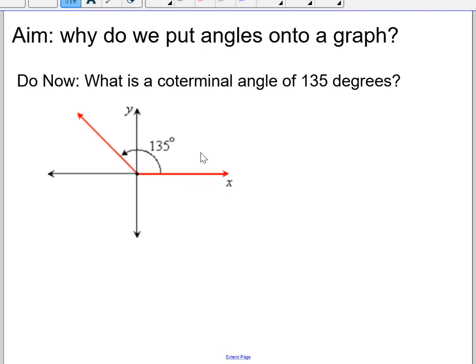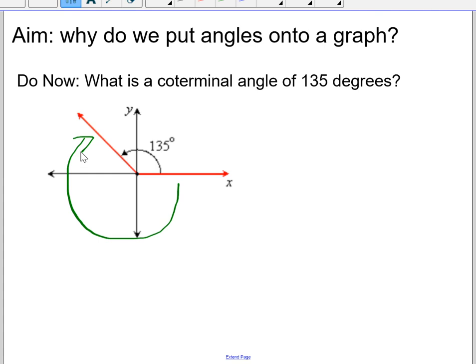So that is a positive angle. But we could also go clockwise the other way around. And because we're going clockwise, that is now a negative angle, but it's going from the same initial ray to the same terminal ray. So it is a coterminal angle of positive 135 degrees.